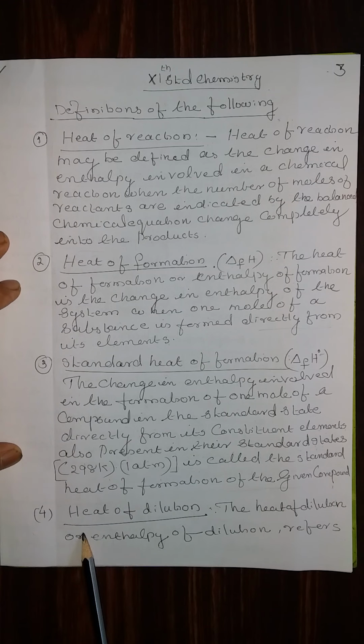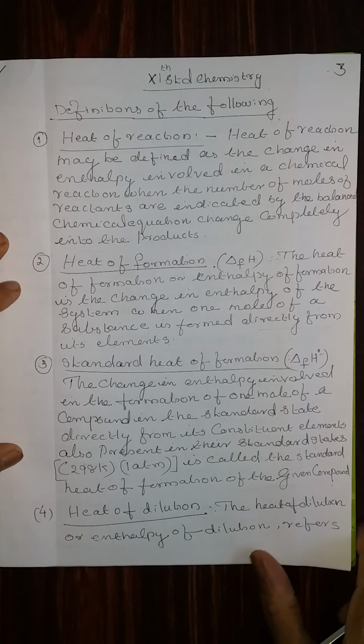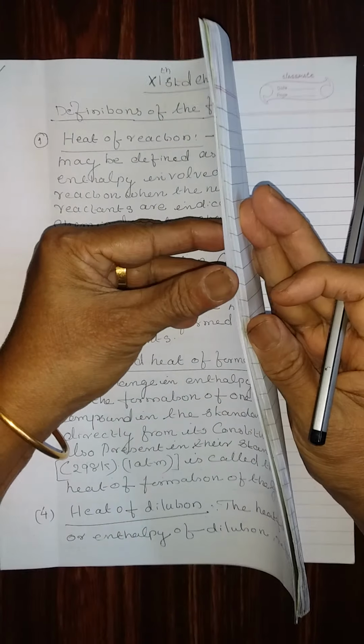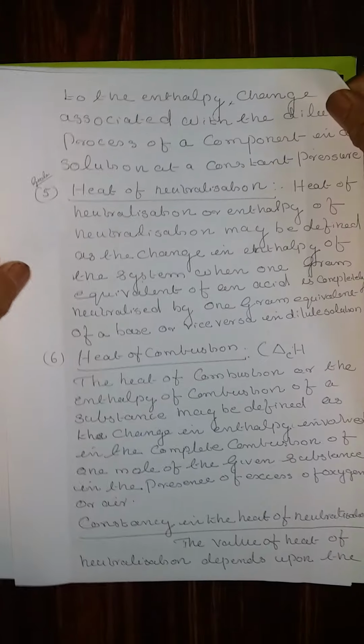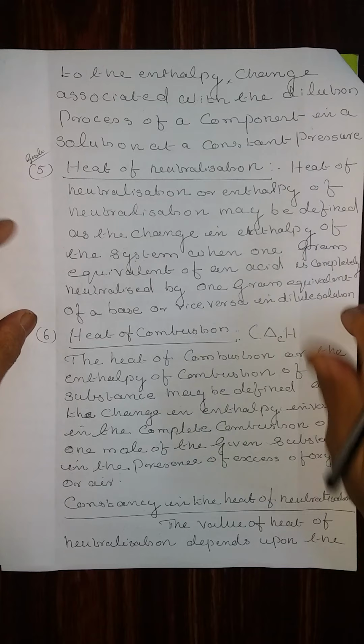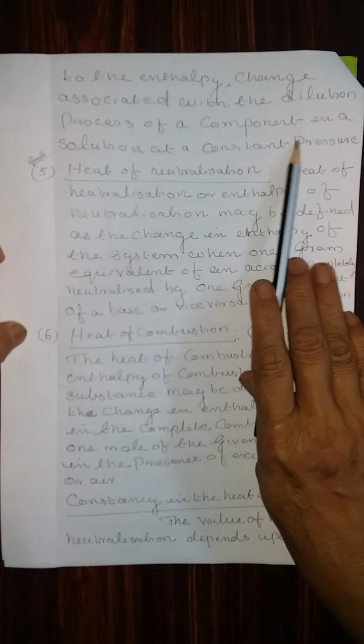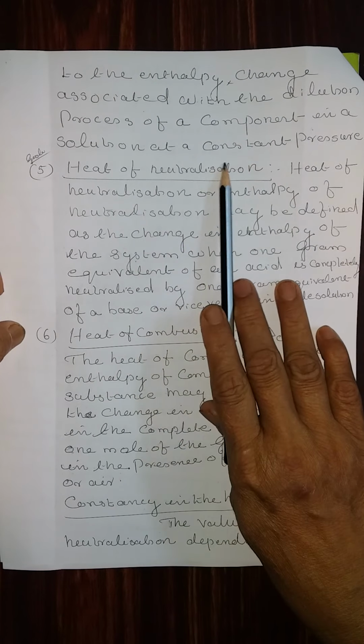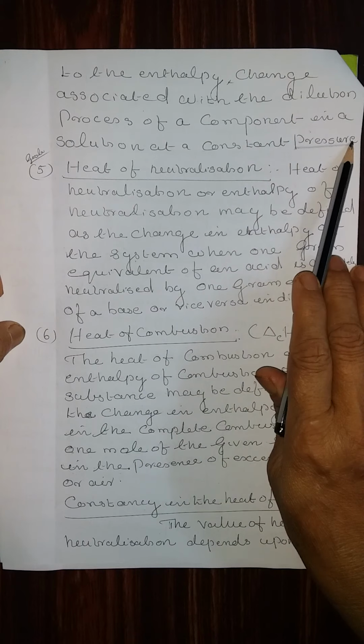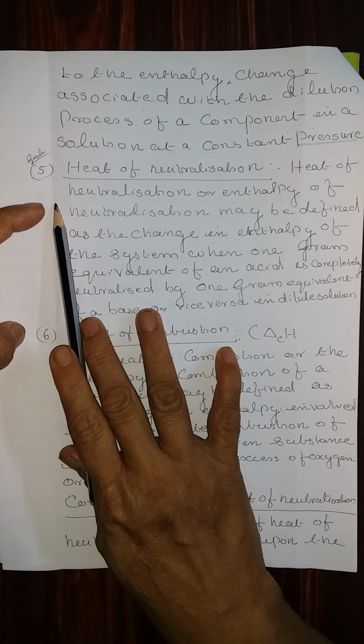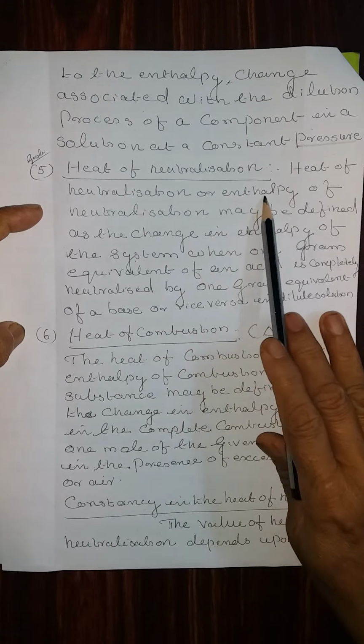Fourth one, heat of dilution. The heat of dilution or enthalpy of dilution represents the enthalpy change associated with the dilution process of a component in solution at constant pressure. Now, fifth one, heat of neutralization.